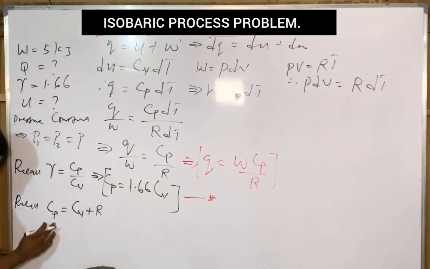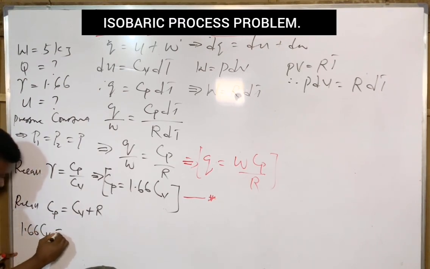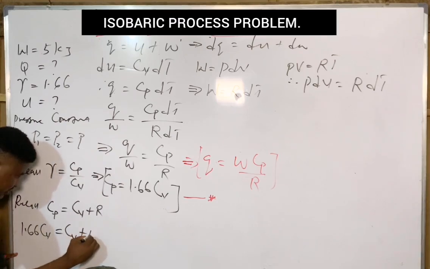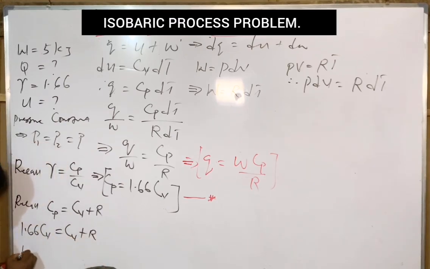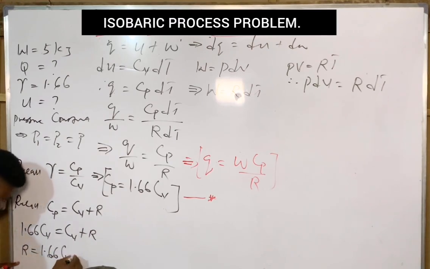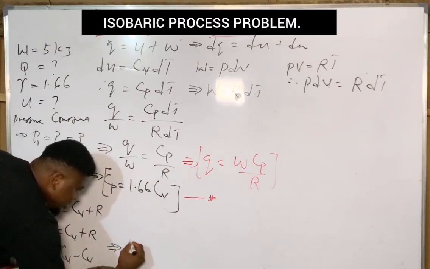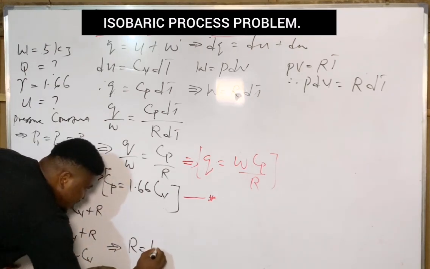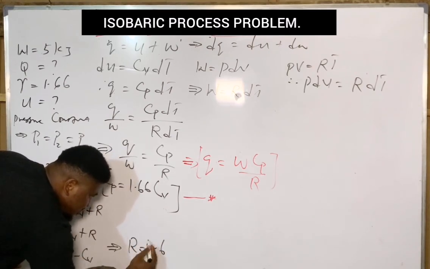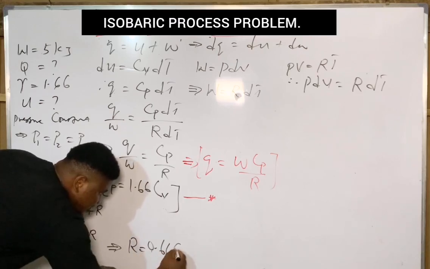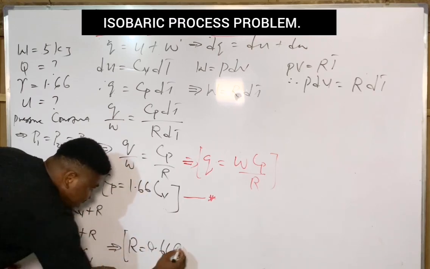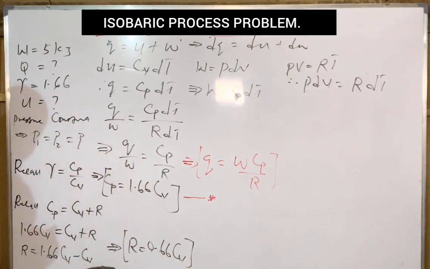In place of Cp, you have 1.66 Cv equal to Cv plus R. We can now make R the subject of the formula. We have 1.66 Cv minus Cv. So this simply implies that our gas constant R equals 0.66 Cv. So now we have our gas constant.